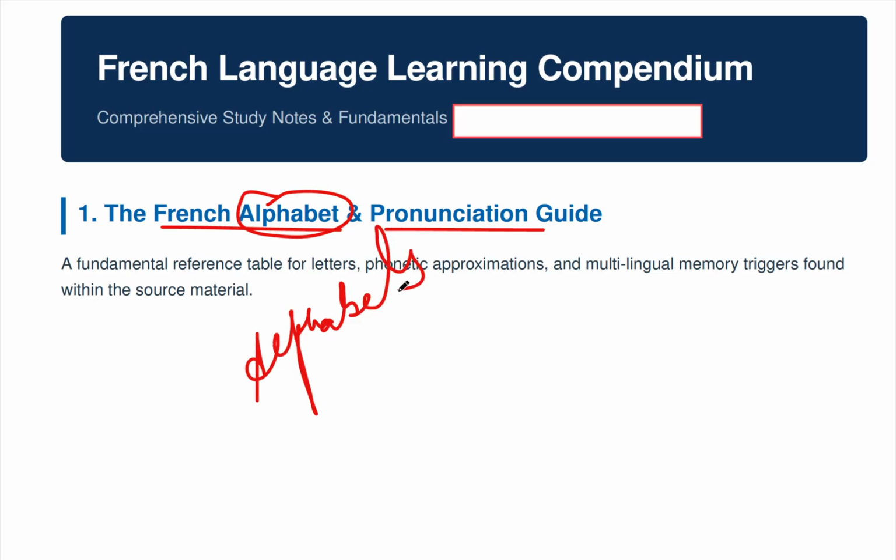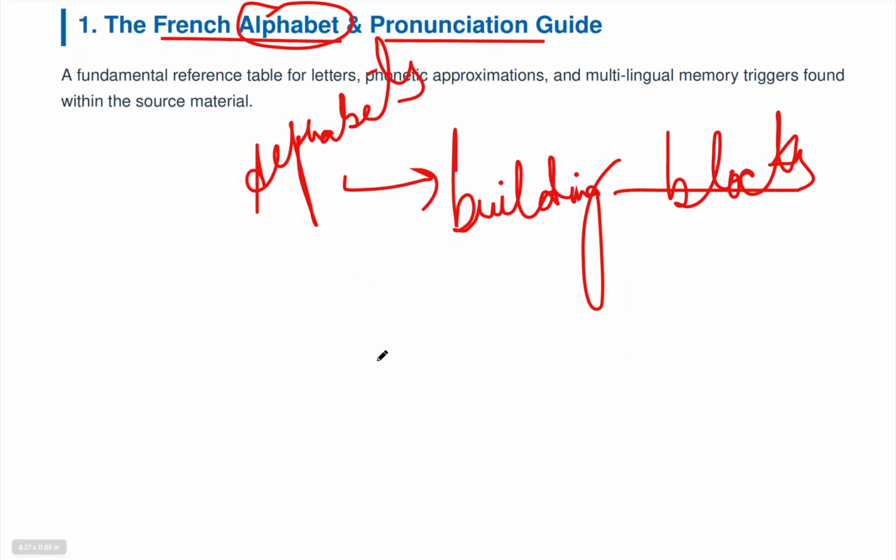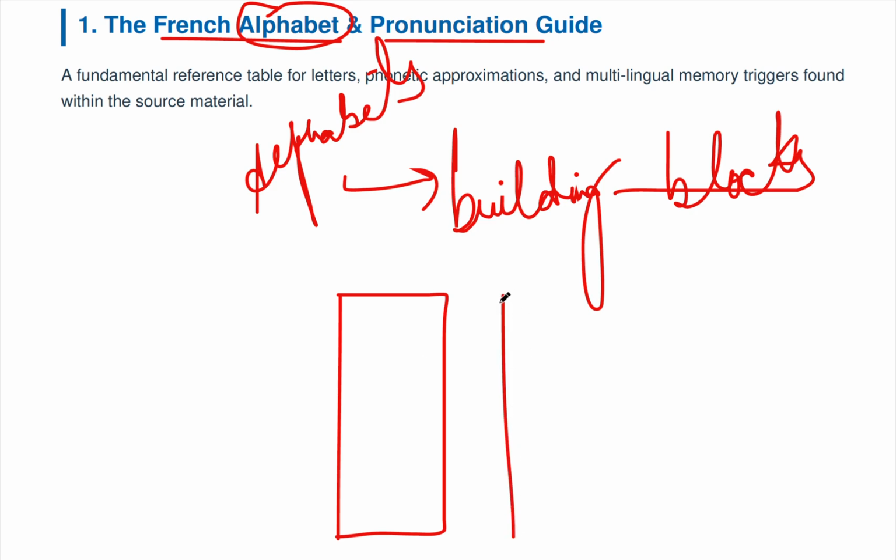Alphabets are called the building blocks. What does it mean? For example, you want to construct a building, or by this building I mean you want to construct your language learning.